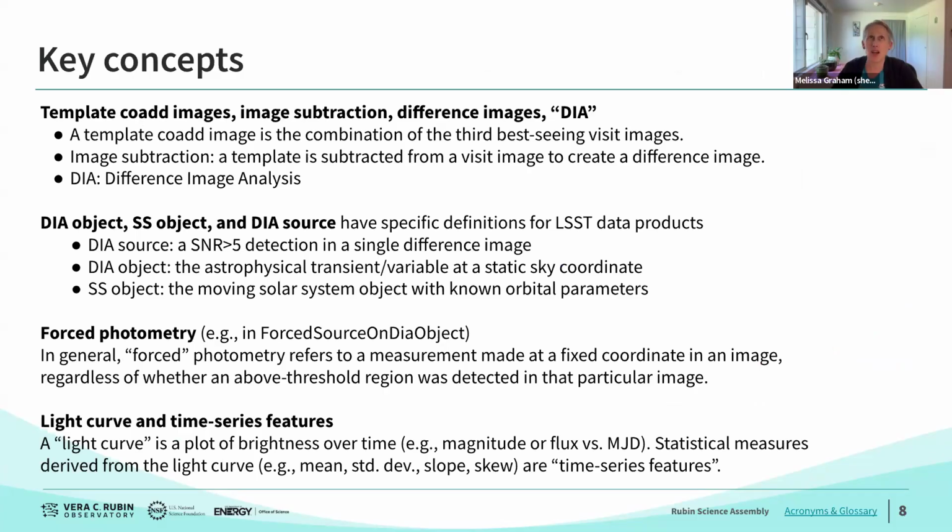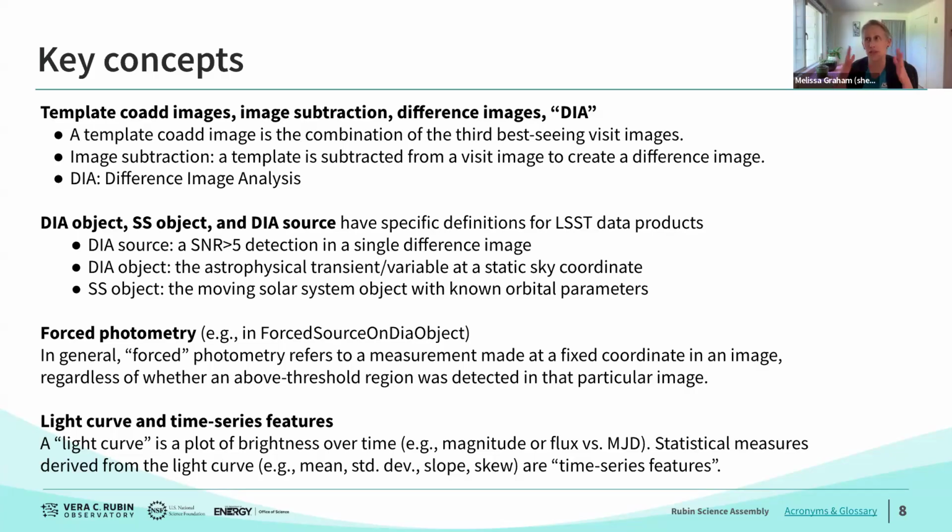All right, some key concepts around difference image analysis. DIA stands for difference image analysis, and the key concepts are template coadd images, image subtraction, and difference images. A template coadd image is a combination of the third best seeing visit images.